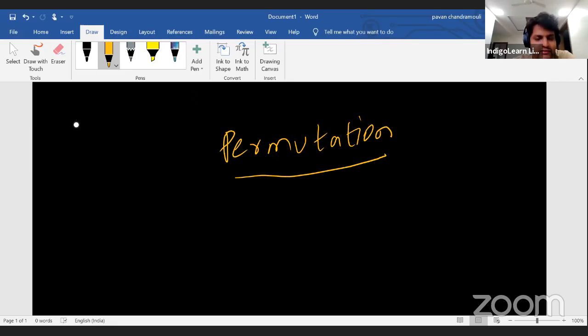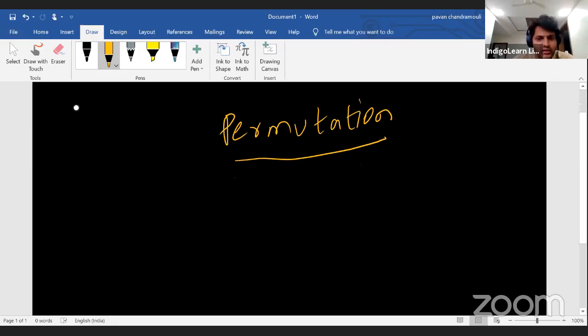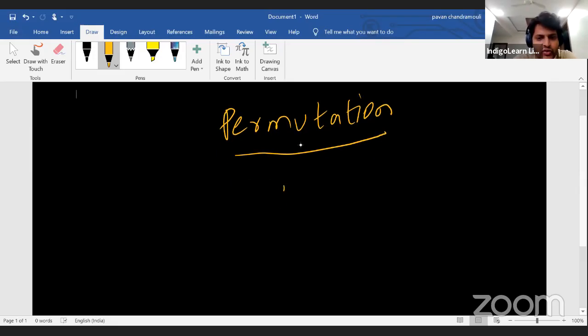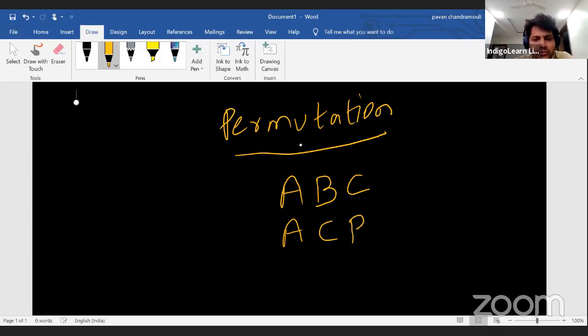For example, we have 3 friends, let's say A, B, C. So you can arrange them in this order. You can write A, B, C, starting with A, followed by B, and followed by C. And then you can put A in the same position, and you can interchange the positions of C and B. So where B is in the middle in the first arrangement, and C is in the middle in the second arrangement I have done.